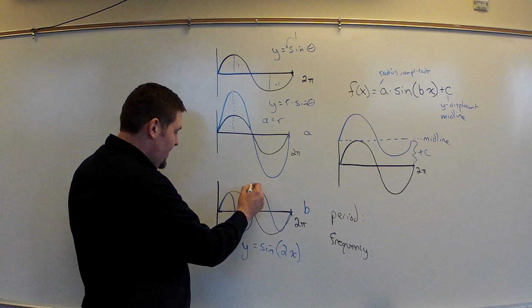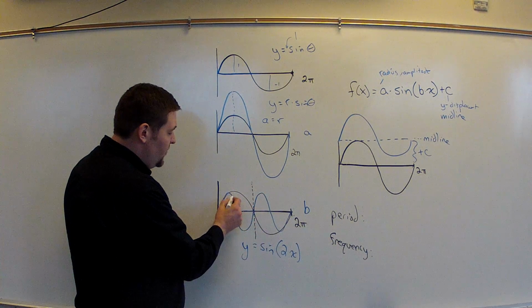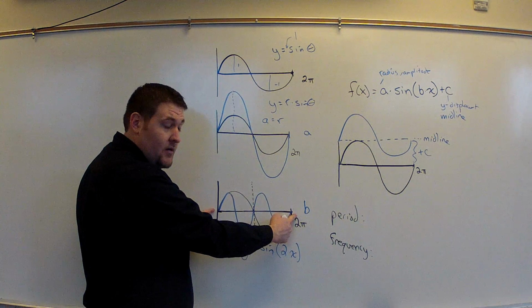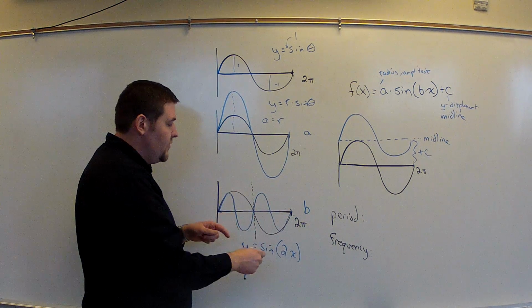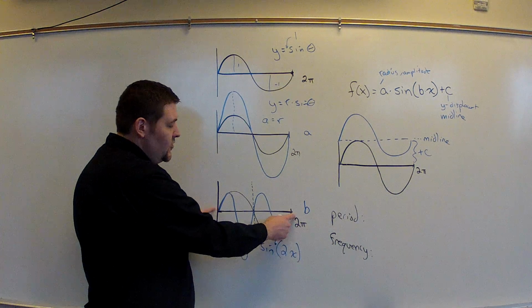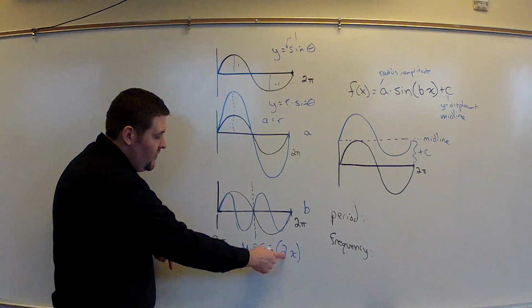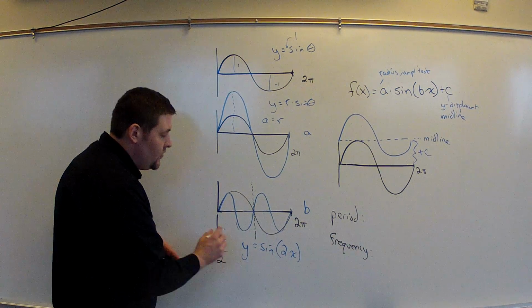Here's the idea. If I split this down here, I can now do this full cycle in blue in half the amount of space I used to be able to do it in. The space I used to be able to do it in is the 2 pi space. So the new period would be half of that 2 pi. So the period of the function with 2 on here would be 2 pi over 2.